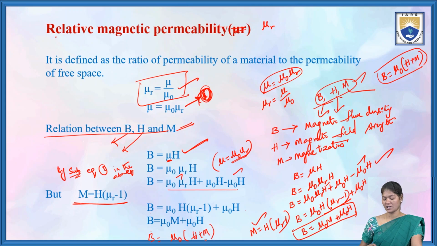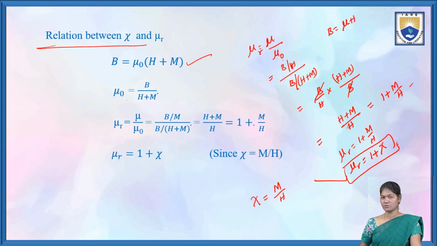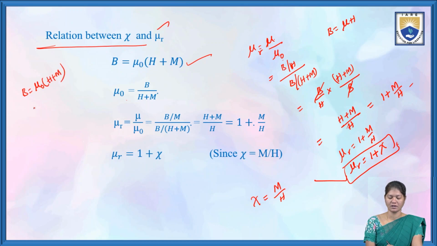Now we shall see the relation between the susceptibility and relative permeability. So B is equal to mu naught into H plus M, and we know that mu naught is equal to B by H plus M. Let's substitute that mu r is equal to mu by mu naught.